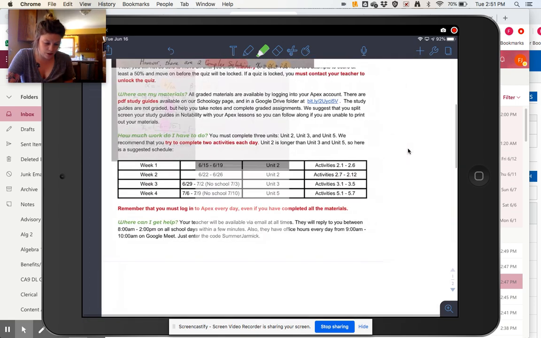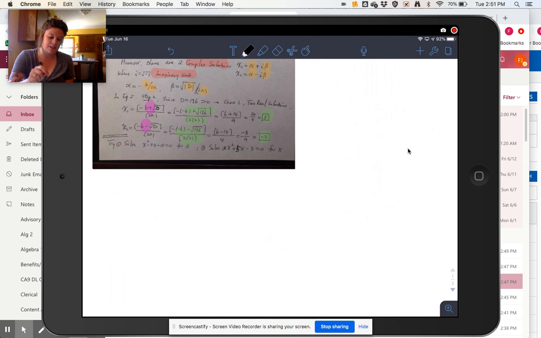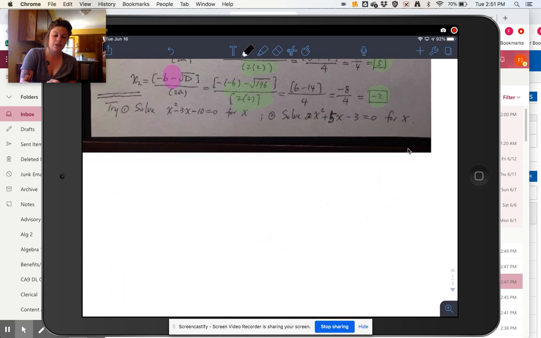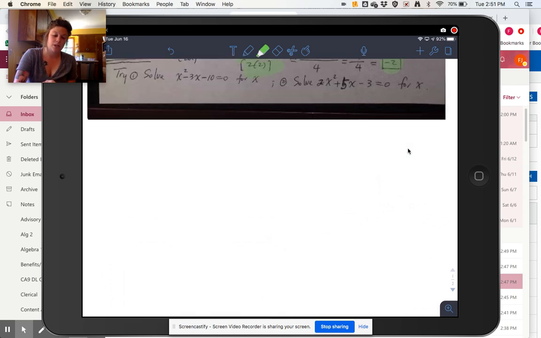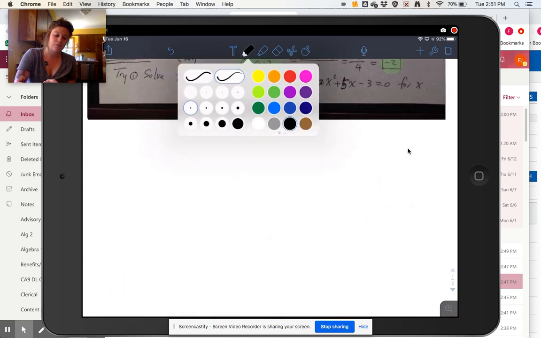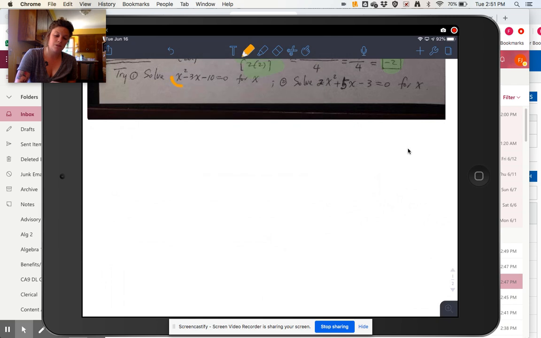So for the examples that he has here, you would just do the same thing, taking a different path depending on what your discriminant is. So let's take a look at this first one. To me, I think he's doing it in a very complicated way, because when I look at this, I'm like, okay, I could just factor this, right?